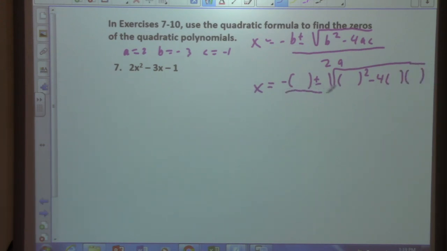A lot of parentheses, over 2 parentheses. And now you plug in what they are. Every time you see b, I'm putting negative 3 right here, negative 3 here, and then a occurs in 2 places, where a is 2.